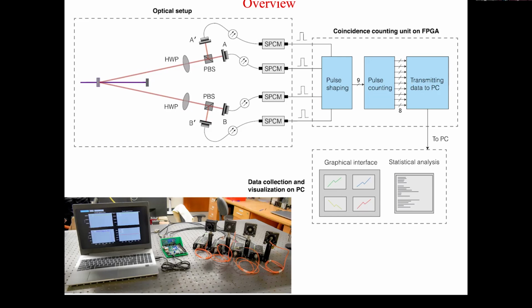From the detectors emerge these pulses of this shape, and this is our electronics box. It's an FPGA. Everything is programmed in the FPGA, and then the data goes to a computer. So you count the number of detections on A prime, B prime for various experimental configurations.